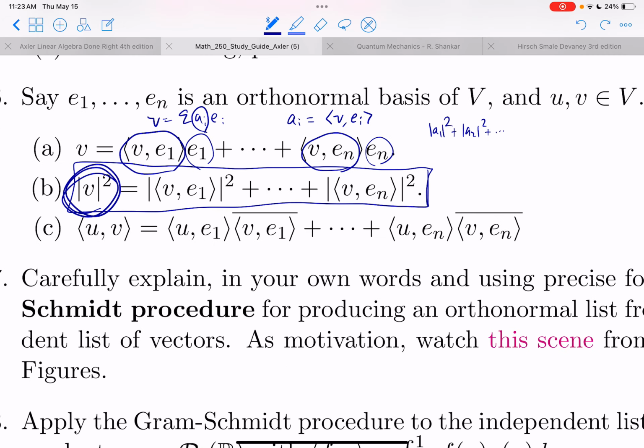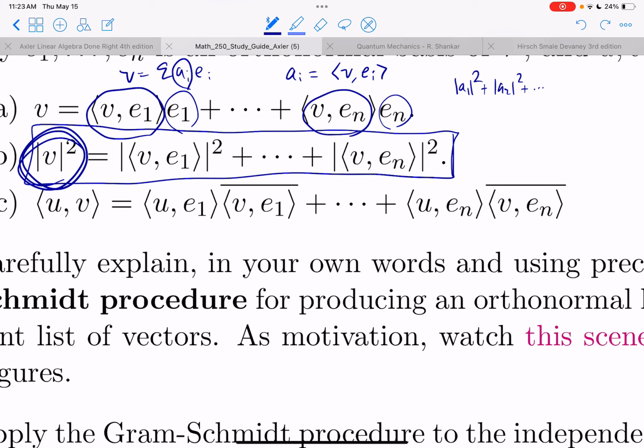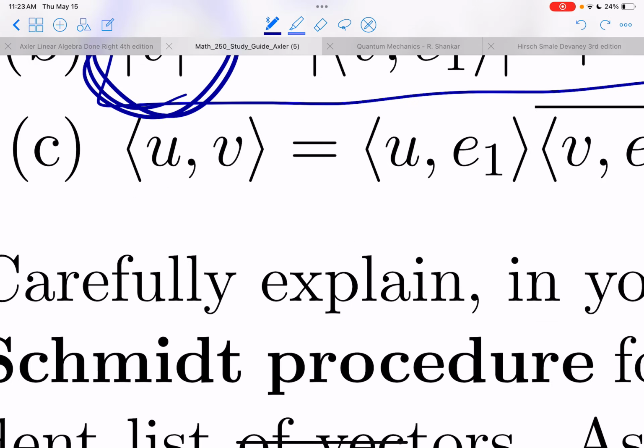And now let's look at this one. U dot V is this. Well, this will just come from expanding U. So U dot V will be, well, let's expand U as a sum in the E sub i's. Well, what's the coefficient? Well, it's take the dot product of U with E sub i. Then, let's expand V the same way.